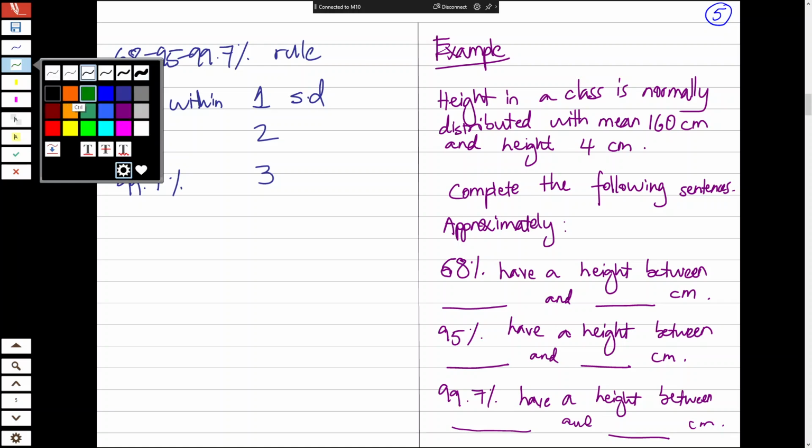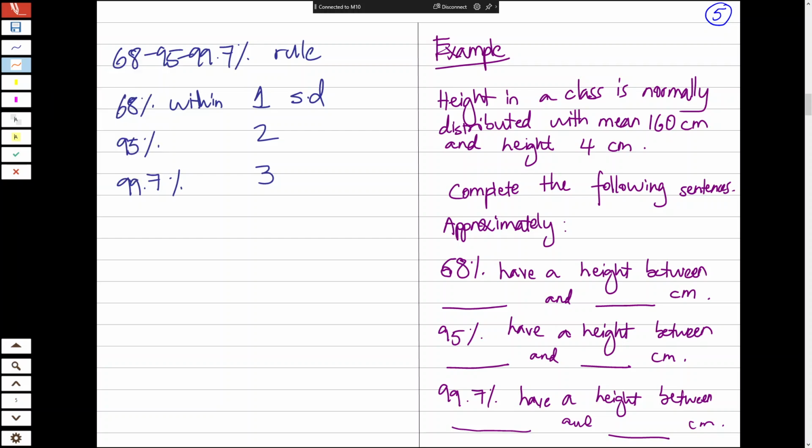All right, so here's the picture, guys. What we're saying is 68% will lie within 1 standard deviation from the mean.